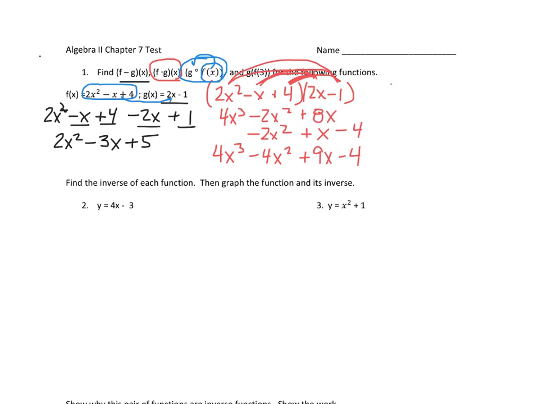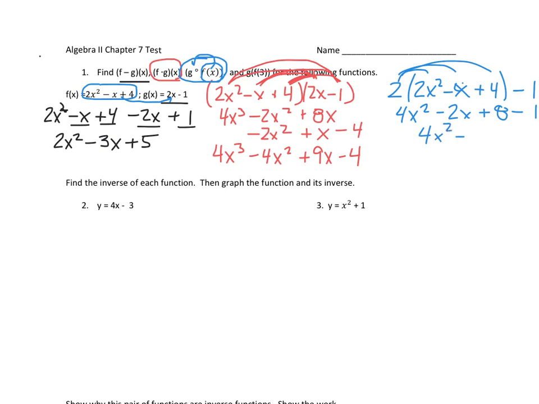So I would have here 2 times f of x, which is 2x squared minus x plus 4, and then I'm going to subtract 1. To simplify, I would just distribute this 2, so I'd have 4x squared, minus 2x, plus 8 minus 1, which comes out to be 4x squared minus 2x plus 7.